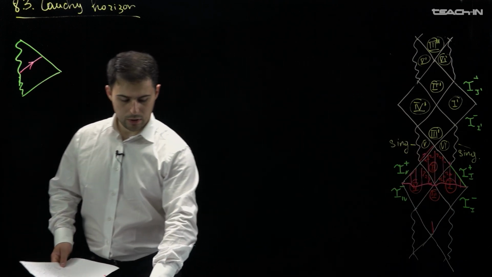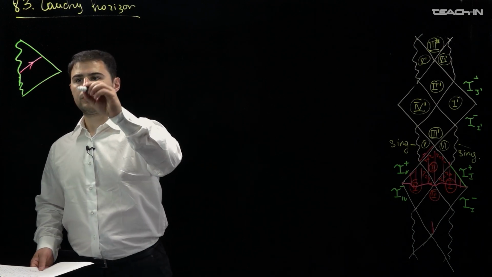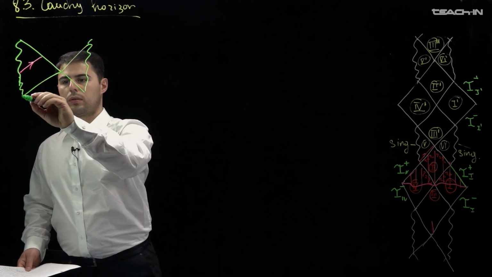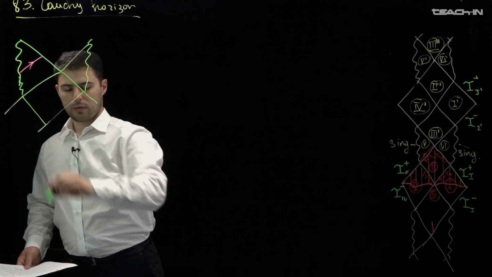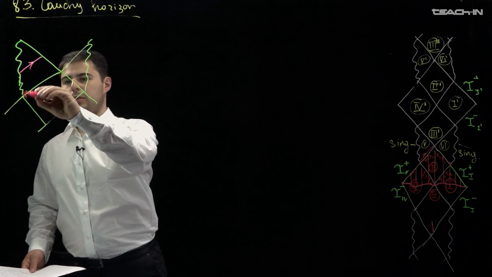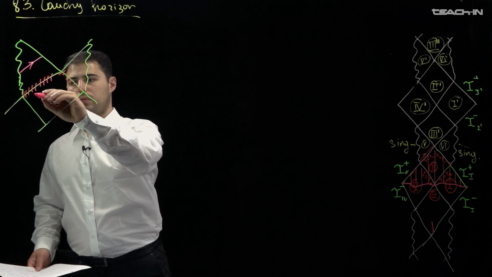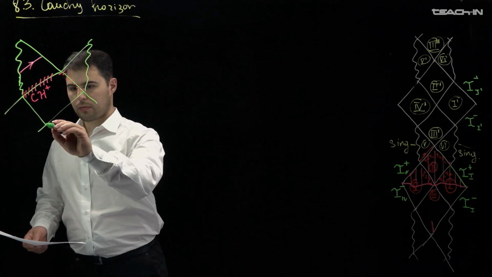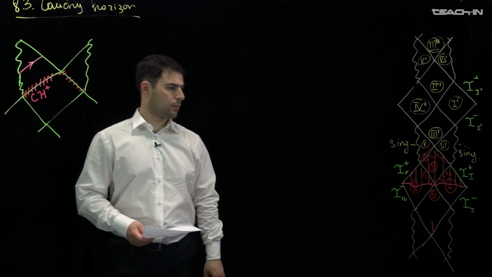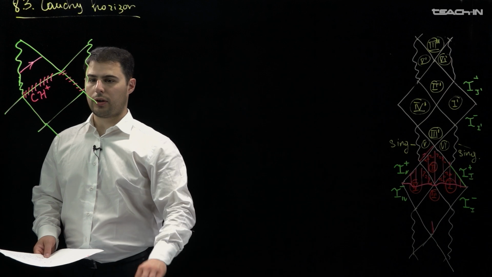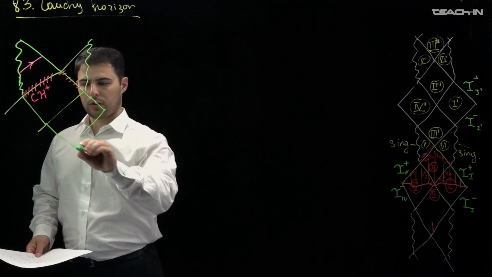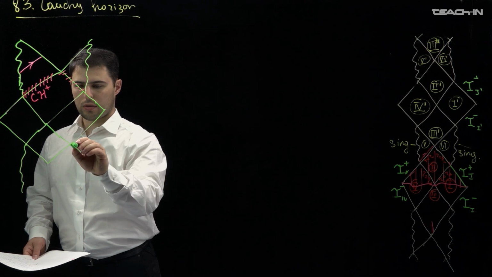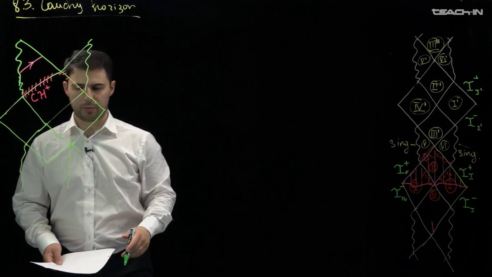So in total, we have Cauchy horizons in the future, and similarly we have Cauchy horizons in the past.